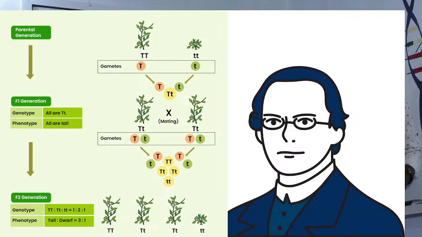So that's why the law states that alleles, which are variants of a particular gene found on the same chromosome locus, are dominant over the other allele, just like it has been explained.